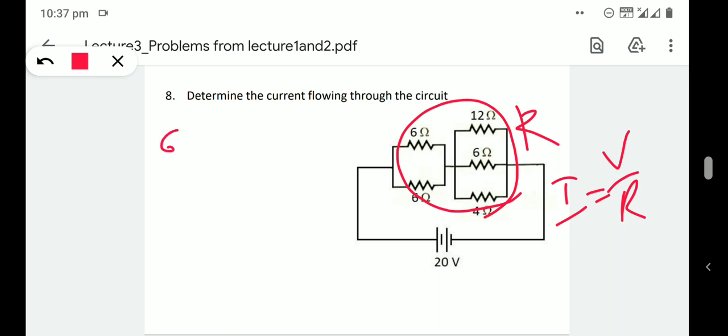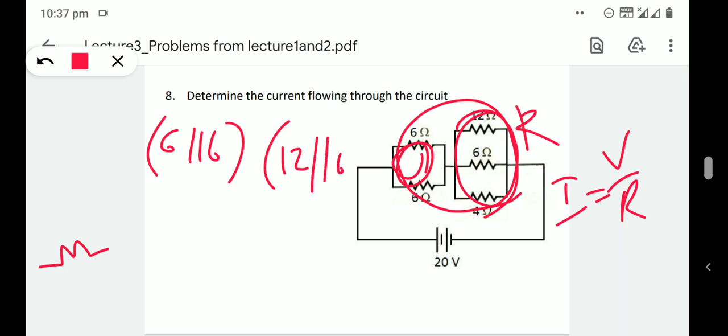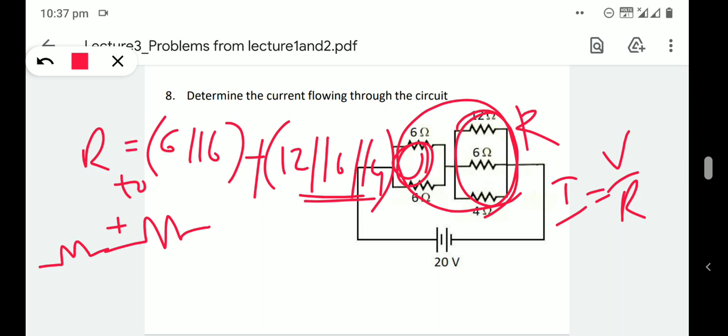Here 6 parallel 6, this one, gives a single resistance. Then 12 parallel 6 parallel 4 again gives a single resistance. These two resistors are in series, so we need to add them up to get the total resistance.